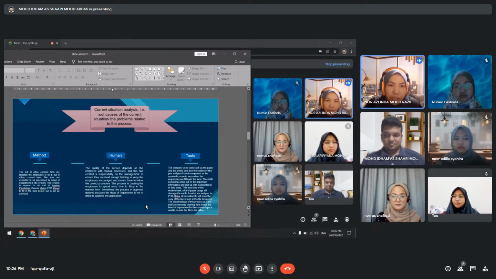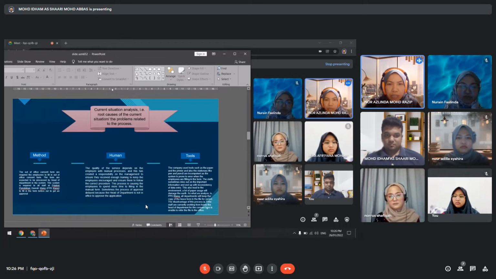The form is expected to be processed by the HOD in the system. This system is required for all staff at PPD Klang to fill in the form before going out to get an approval.